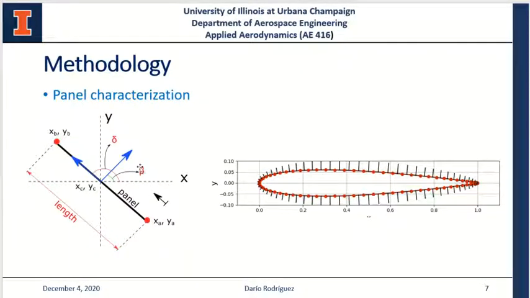So all the calculations are related to the beta angle right here. In this plot I checked whether all the vectors and angles, in this case the beta angles, are calculated well, and I plotted the normal vectors at the midpoint of each panel, as you can see right here.